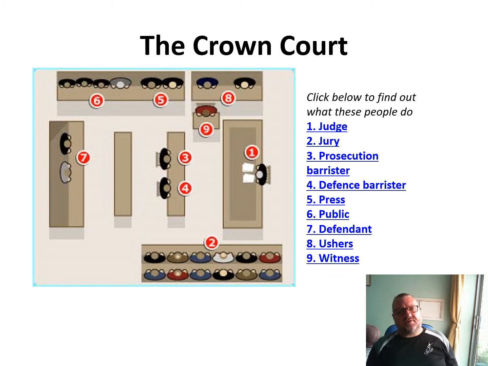So what does a Crown Court look like? Well, very similar to a magistrate's court, other than the fact that you will have these 12 people here, a jury. Now, as in a magistrate's court, a tribunal, there's 3 people, so you can't have a tied verdict.